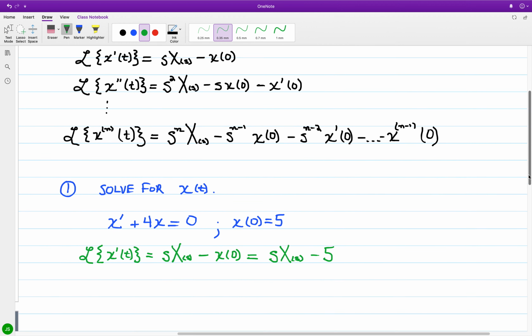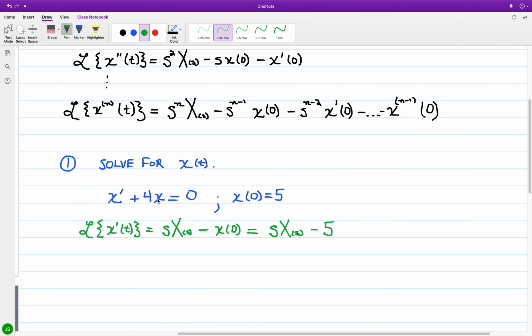And in the case of 4x, again you have a multiple. So you have the Laplace transform of 4 times x of t, and 4 is just a multiple.